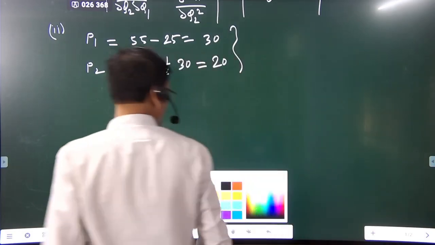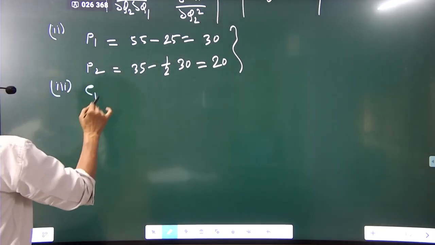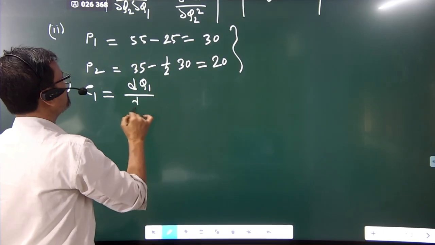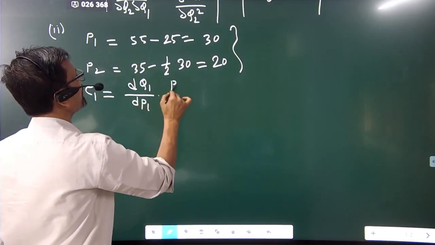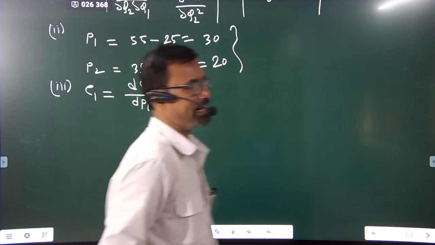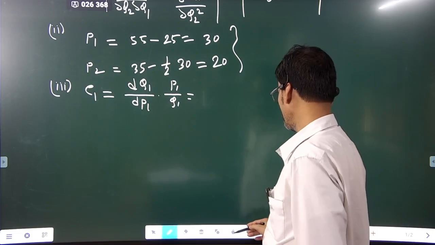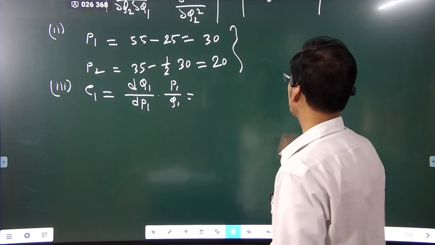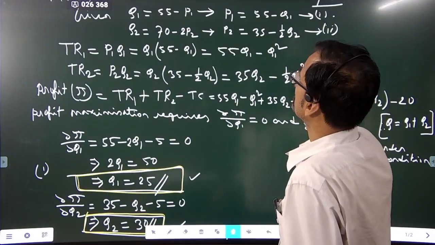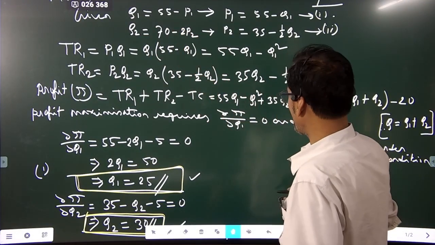Now come to the elasticities. First find the elasticity in market 1, that is dQ1 by dP1 into P1 by Q1. When we differentiate Q1 with respect to P1, we get -1.